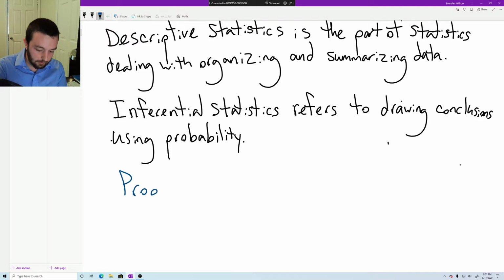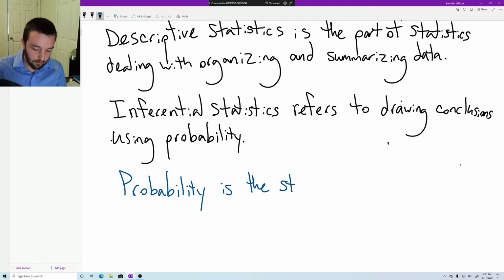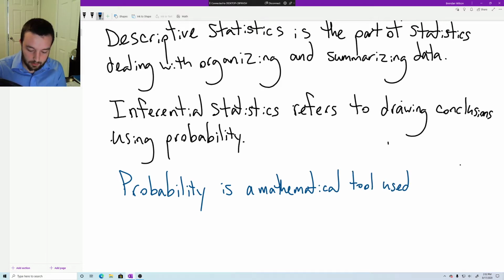Okay, so probability is the study, here, a better way to say this would be, is a mathematical tool used to study randomness. Okay.